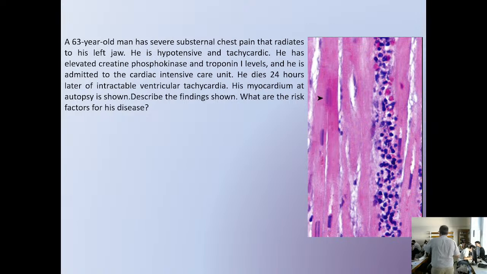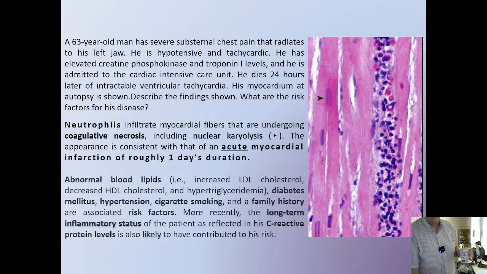If it is hyperacute, they have not come yet. And we just see the lesions in the ischemic myocardial fibers. When we see neutrophils coming, that means about 24 hours after the occlusion of the vessel which led to the infarct. 1 day duration.